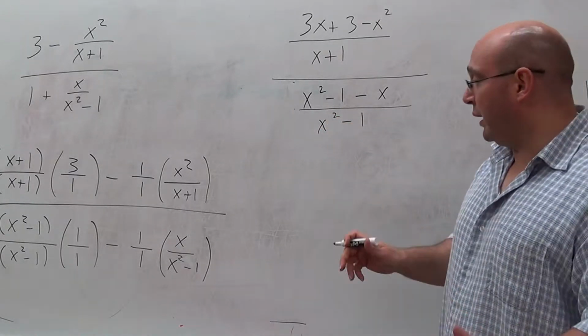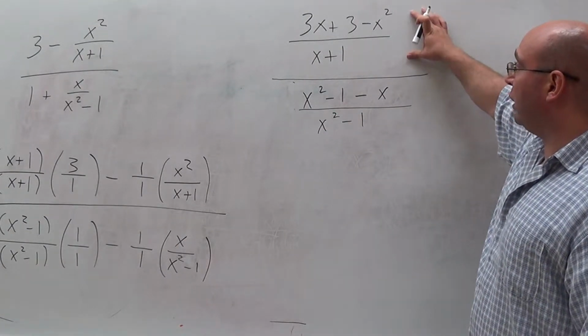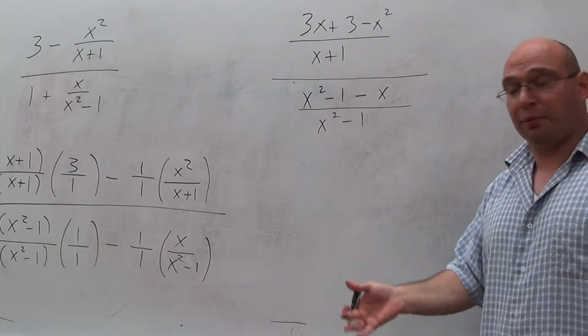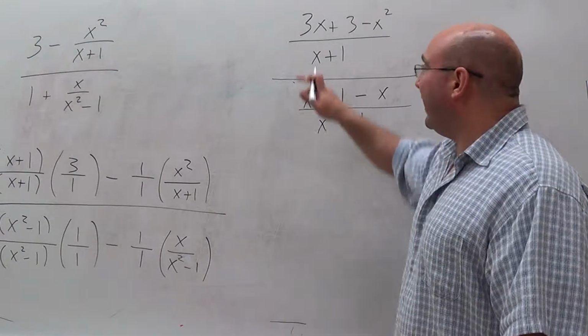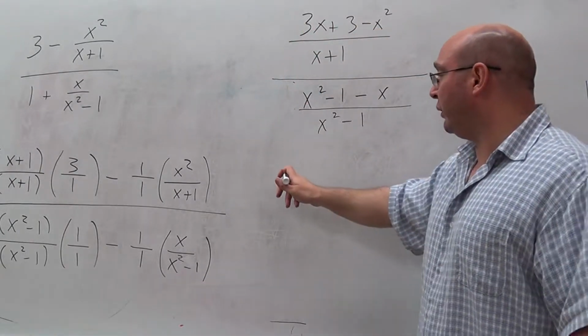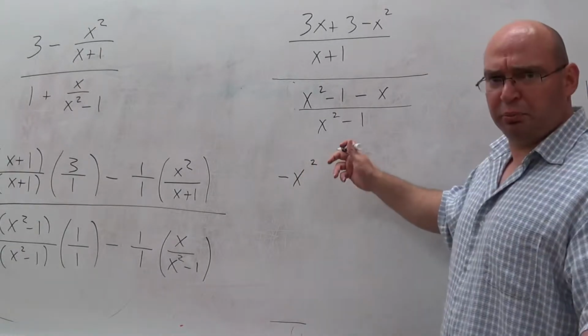Okay, so now we remember that we have a fraction within the fraction, so we're going to take our denominator, we're going to use a reciprocal, and we're going to get multiplication. Now I'm just going to rewrite this. I'm going to put the negative x out front. It's not that big of a deal. We're just making it a little pretty.